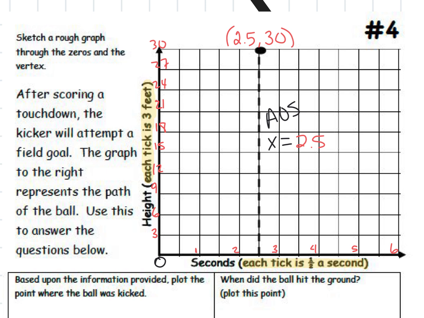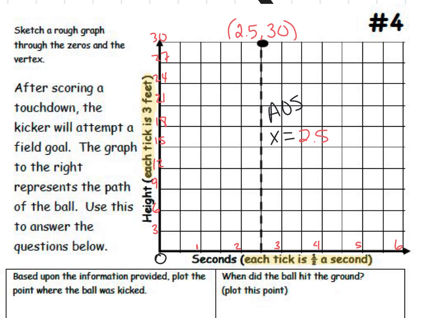Okay. Looking at our situation here, after scoring a touchdown, the kicker will attempt a field goal. The graph to the right represents the path of the ball. Use this to answer the questions. If you don't play football, when they kick a field goal, that ball is on the ground when they kick it. There is a guy who holds it.